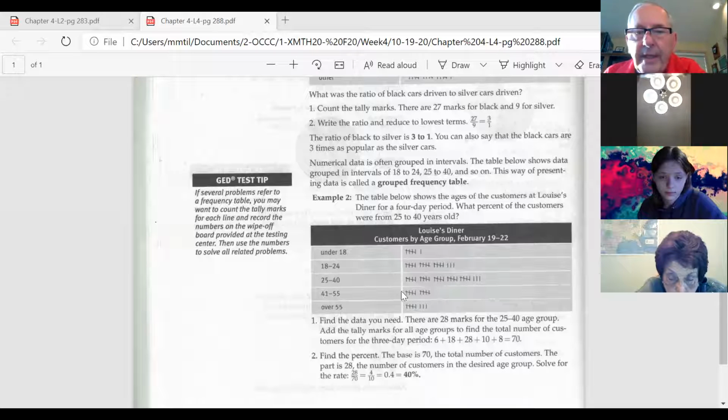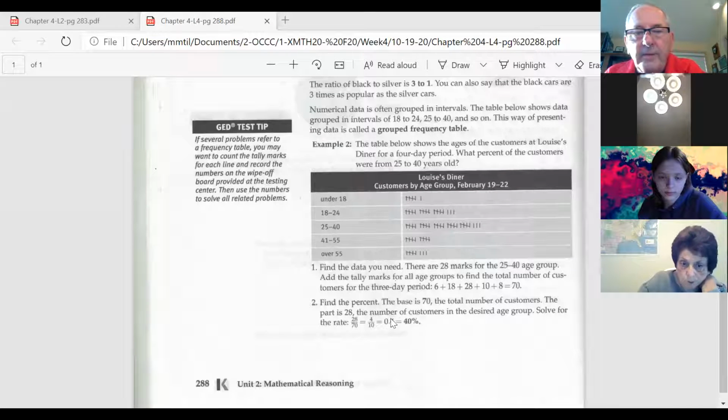So you take 10 divided by 70, or 1 over 7, and multiply it by 100 and you'll get a percent, right? So what they asked down here is to find the percentage of part is 28. What is 28 a part of?